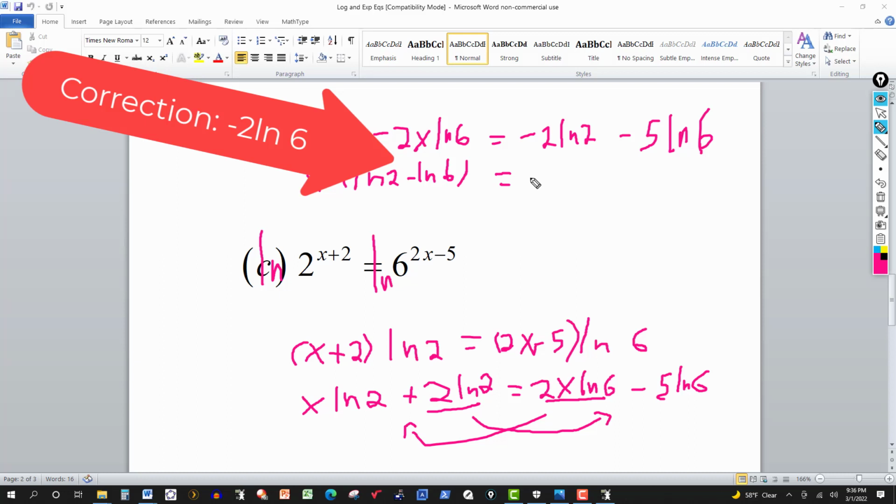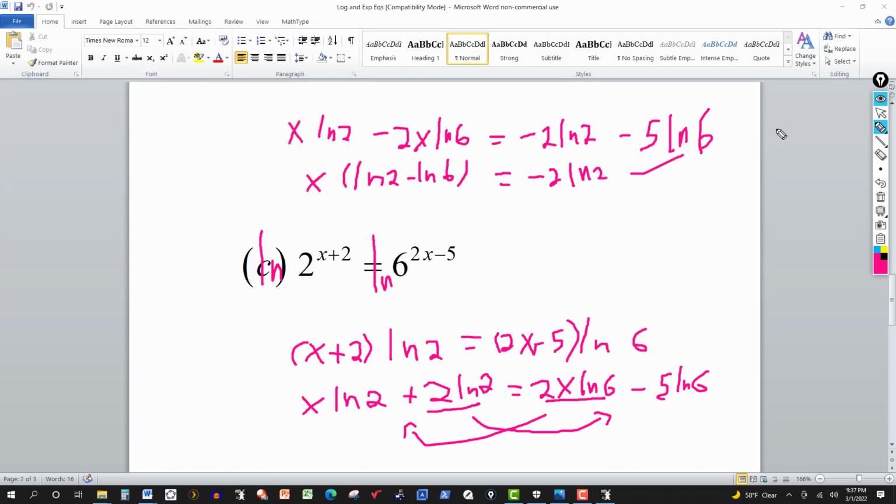On the right side, I'm going to have the same thing, minus 2 ln of 2 minus 5 ln of 6. So all I'm going to do now is divide. This side is going to be divided by what I have there in the parentheses over here. And I'm going to get the value of x.